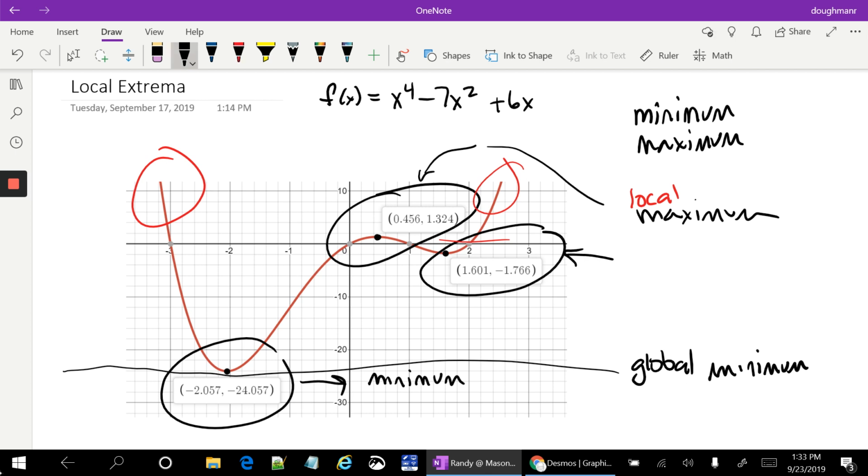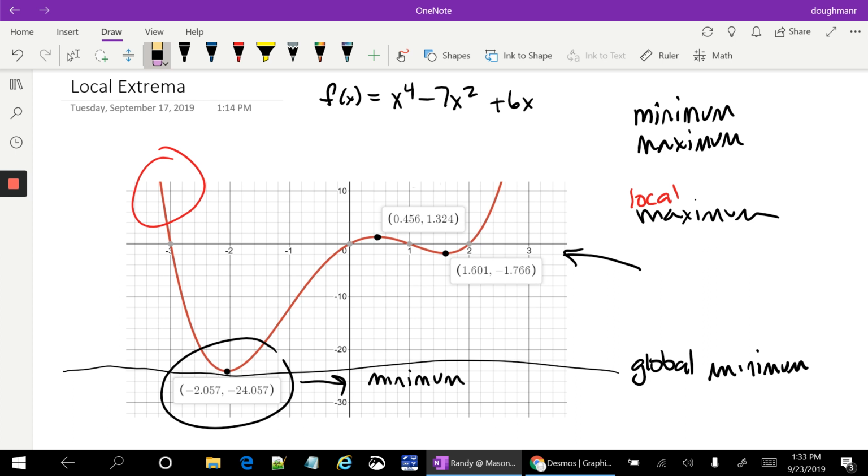And then the third region, we're getting a little messy here, but the third region, we see the graph's outputs go lower and lower and lower and reach a minimum, and then they go back above that. So we've got another minimum.